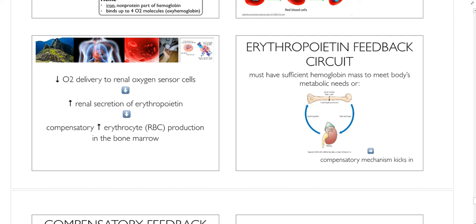When those cells detect too low a level of O2 in the body, they increase the secretion of erythropoietin, which signals the bone marrow to produce and release more erythrocytes so that we have enough cells capable of carrying O2 and CO2.